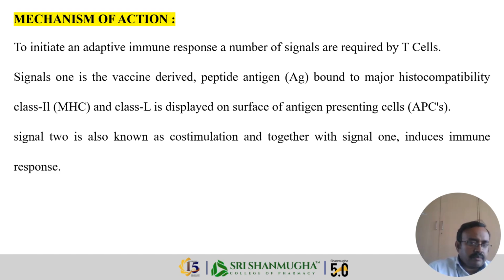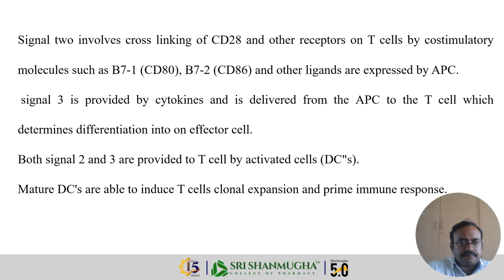There are two different mechanisms. Signal one is recognized by the T cells. Signal 2 involves the cross-linking of CD28 and other receptors on the T cells by co-stimulatory molecules such as B7-1 and B7-2 and other ligands expressed by the antigen presenting cells.